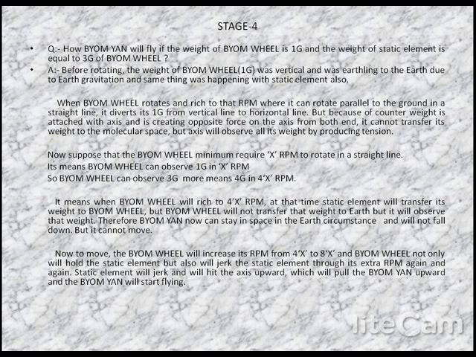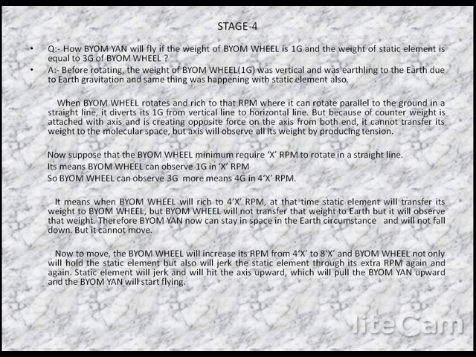Answer. Before rotating, the weight of the Bohm wheel, 1g, was vertical and was earthing to the earth due to earth gravitation, and the same thing was happening with the static element also. When the Bohm wheel rotates and reaches that RPM where it can rotate parallel to the ground in a straight line, it diverts its 1g from the vertical line to the horizontal line.